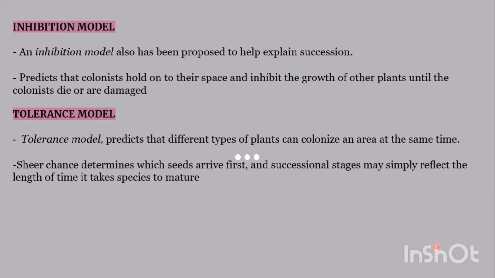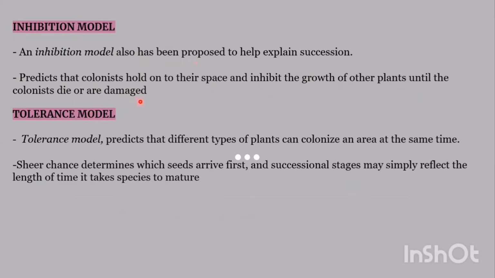There is also another model, which is the inhibition model. An inhibition model has also been proposed to help explain succession. It is used to predict that colonizers hold on to their space and inhibit the growth of other plants until the colonizers die or are damaged.